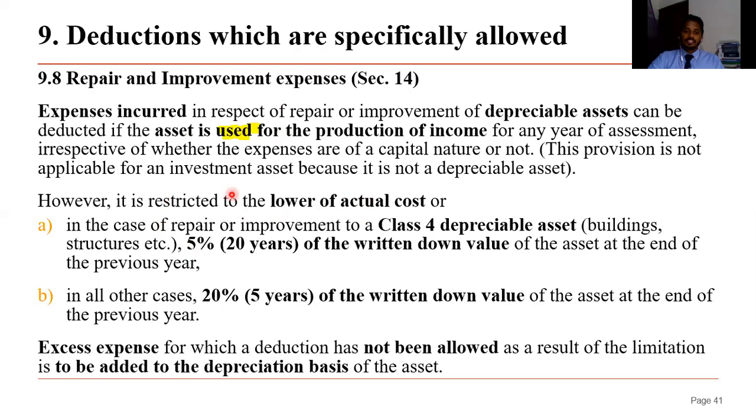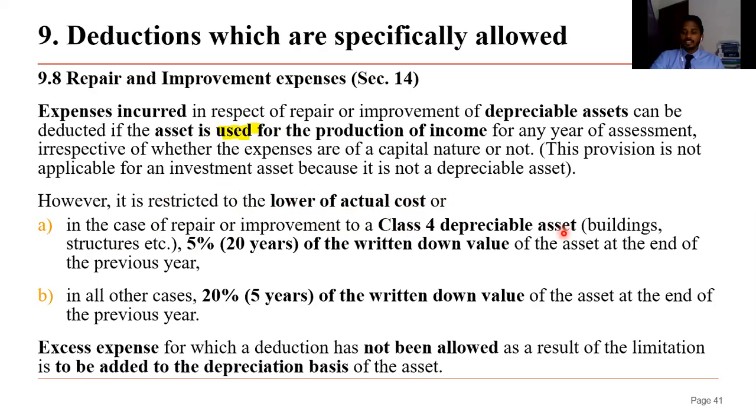So we'll look at the restriction given in the section. However, it is restricted to the lower of the actual cost or, in the case of repair and improvement to a class 4 depreciable asset, a set percentage.